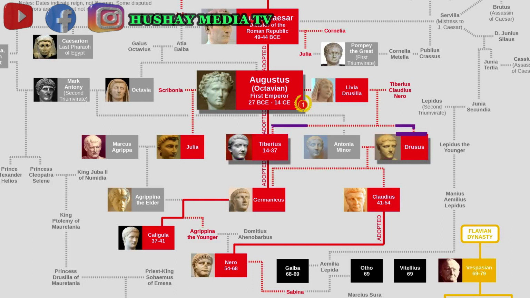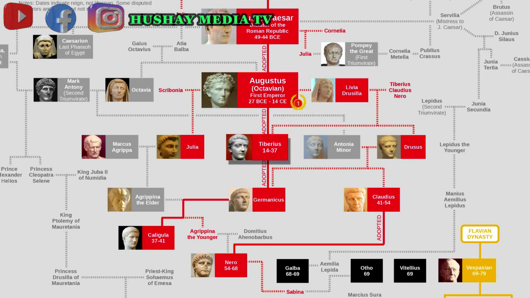Tiberius and Drusus were the sons of his wife Livia through her first husband Claudius, and this is why the dynasty is called Julio-Claudian. Julio for the connection to Julius Caesar, and Claudian for this link to Claudius. Drusus was actually the favorite of Augustus, but he died before Augustus, so when Augustus died, Tiberius was the only remaining heir, so he became the second emperor.